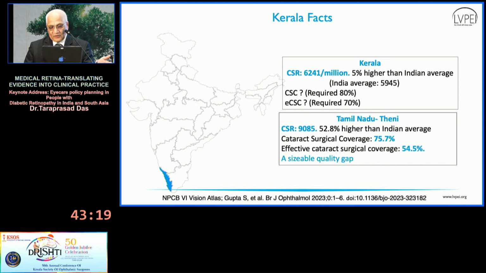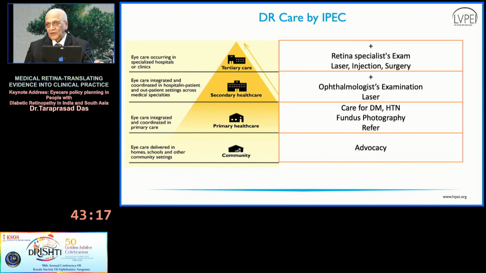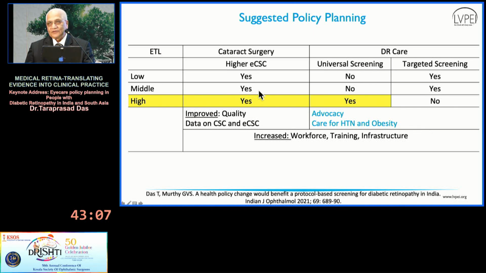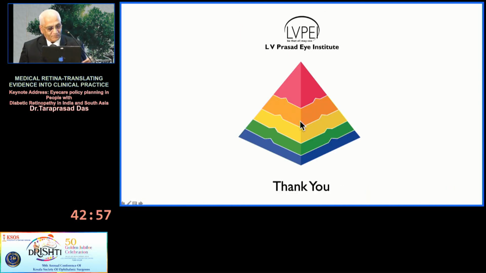We have to improve the cataract surgery also along with everything else. This is aligned with the WHO recommendation for integrated people-centered eye care, from advocacy in the community to tertiary care and higher level. My suggestion is that Kerala requires to improve the cataract surgical rate also, without ignoring the diabetic retinopathy. Thank you very much.